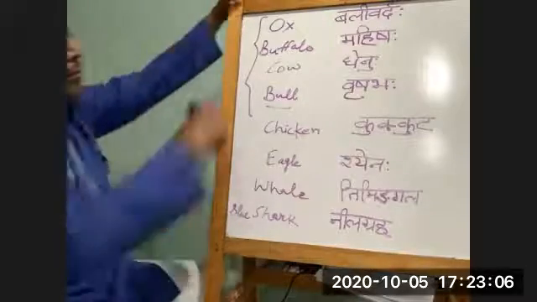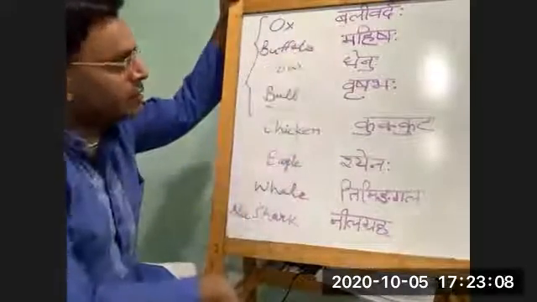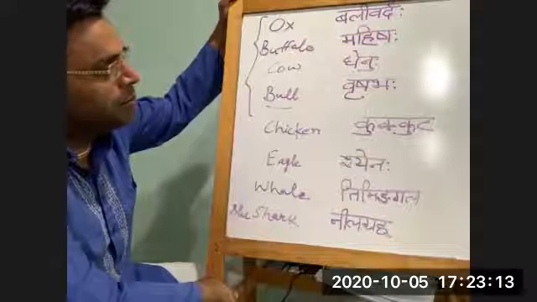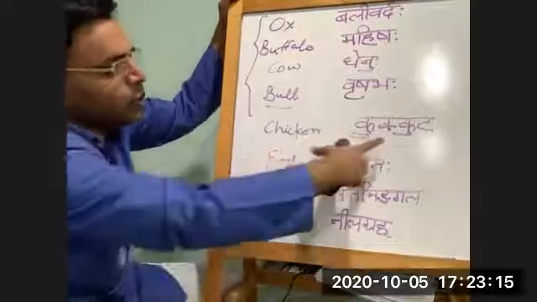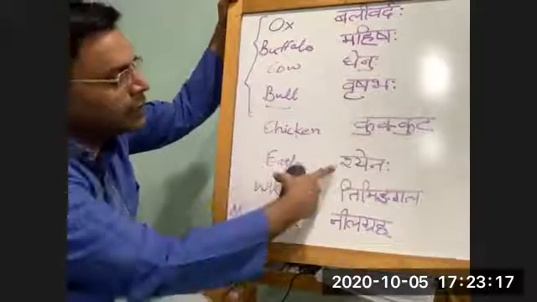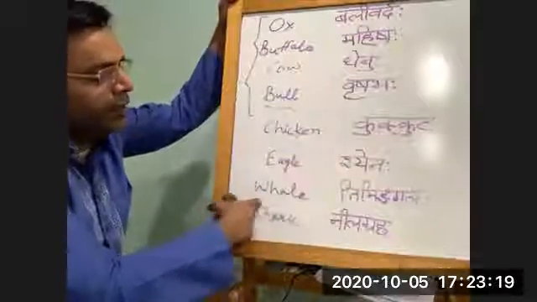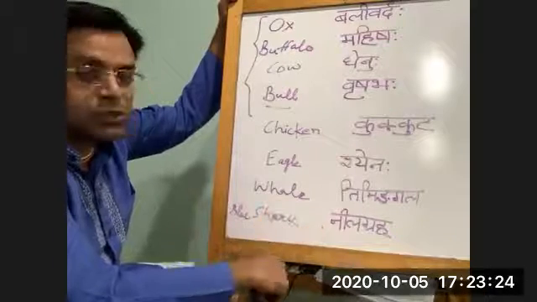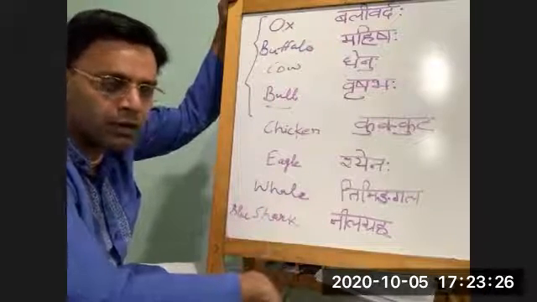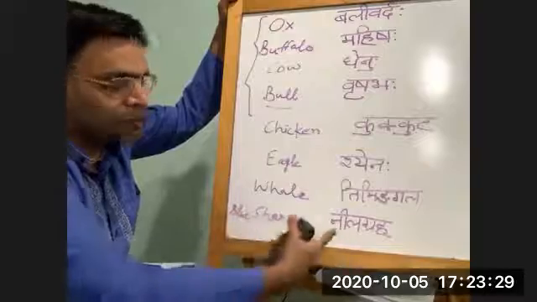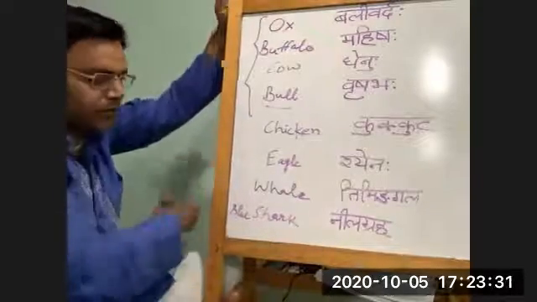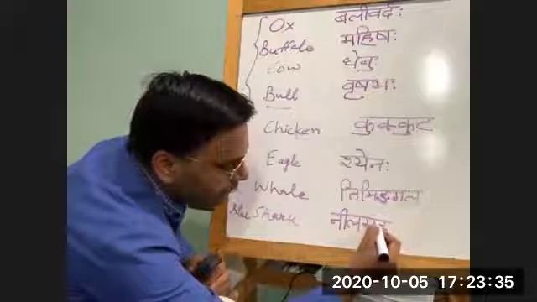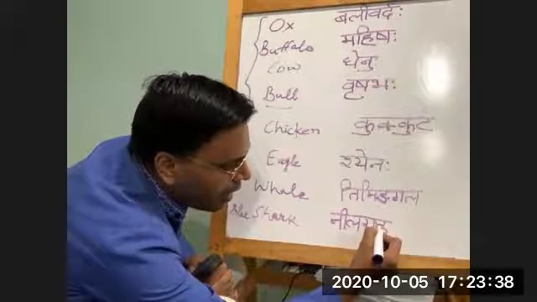So again, ox is Balibradha, buffalo is Mahisha, cow, Dhenu, bull, Vrishabha, chicken, Kukuta, eagle, Shayena, whale, Timingala, any other big fish generally is called makari or graha, or blue shark is Neelagraha.